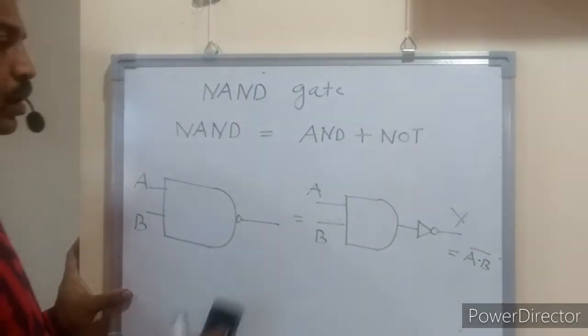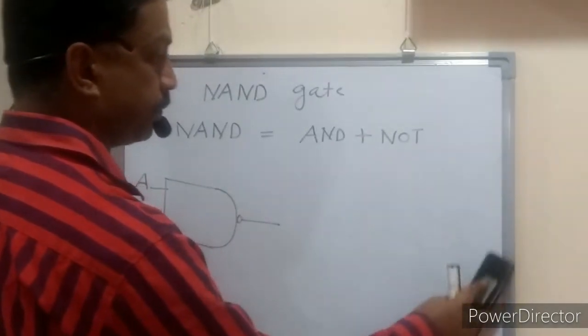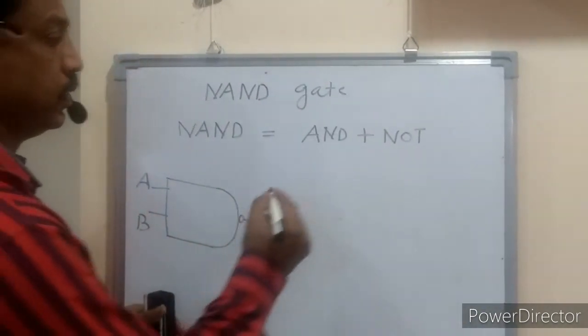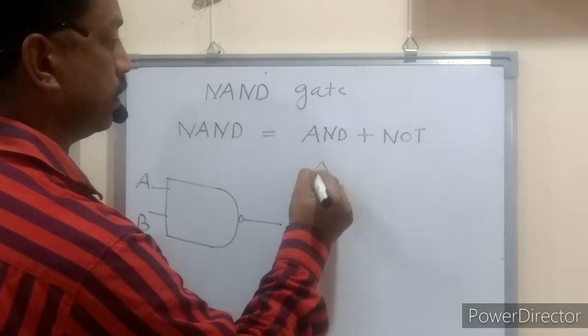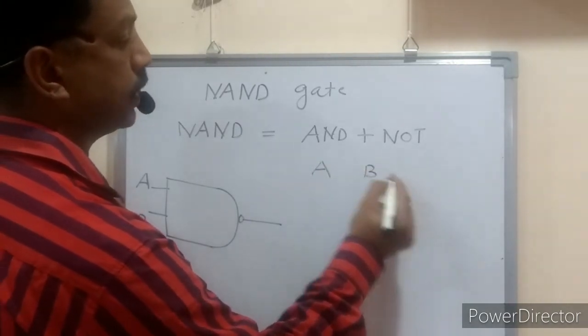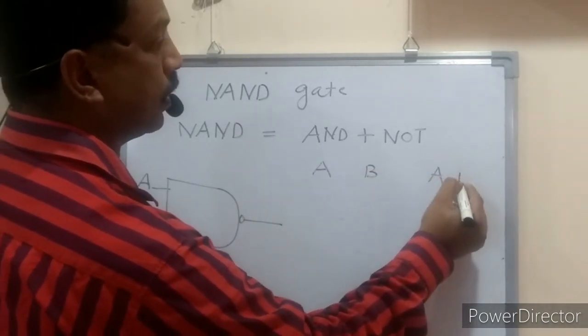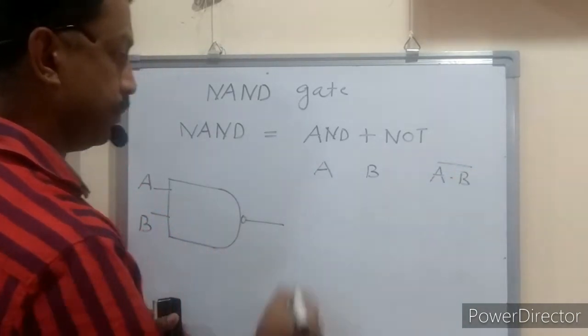Now we write down the truth table of NAND gate. Again here A is there, B is there, (A dot B) complement is there.